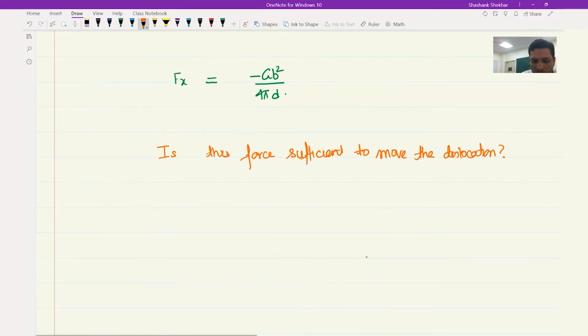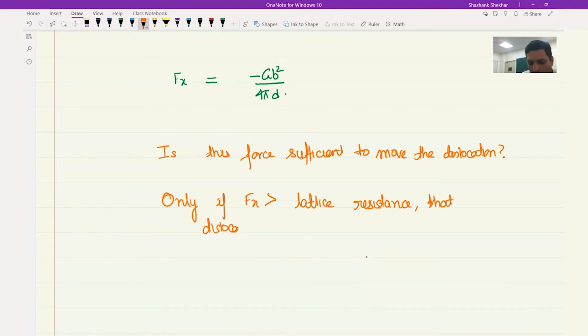Only if Fx is greater than the lattice resistance will that dislocation move.